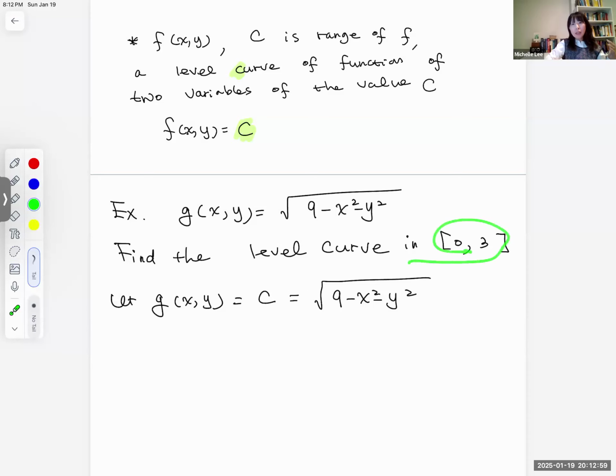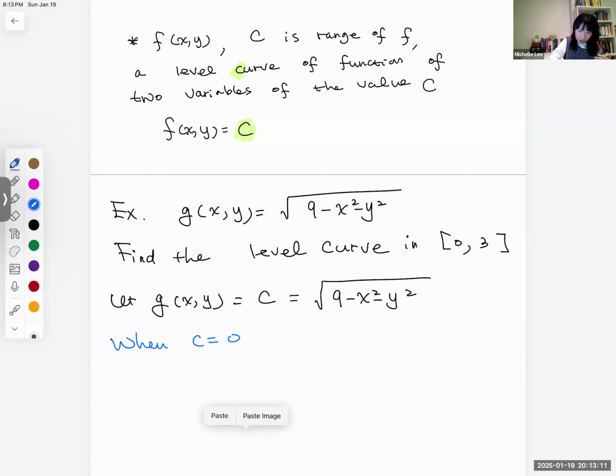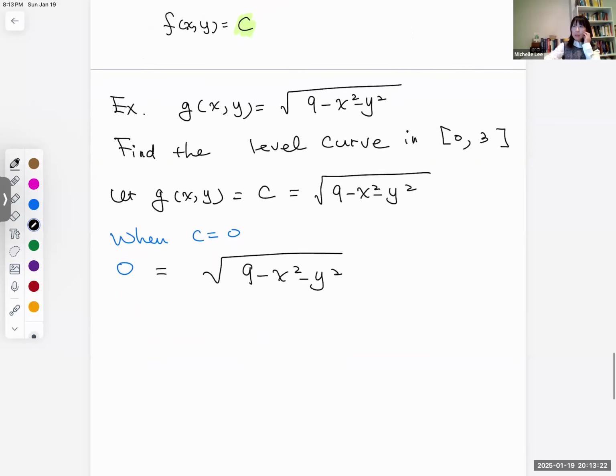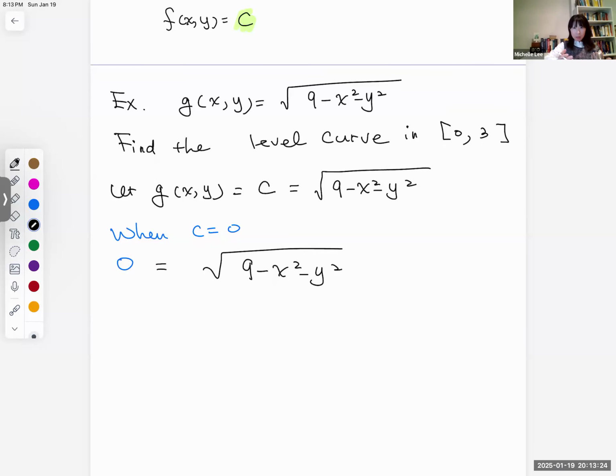So we want to find the level curves between 0 and 3. So when c equal to 0, then 0 equals square root of 9 minus x squared minus y squared. Okay, then we square both sides to get rid of the square root.